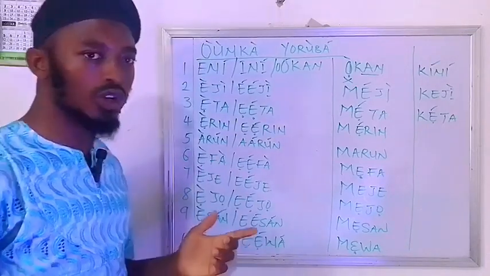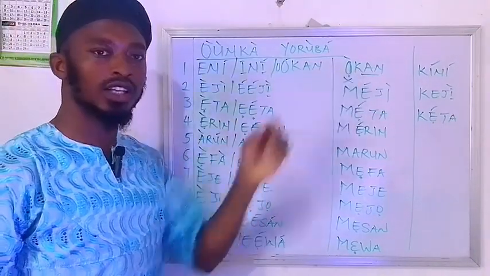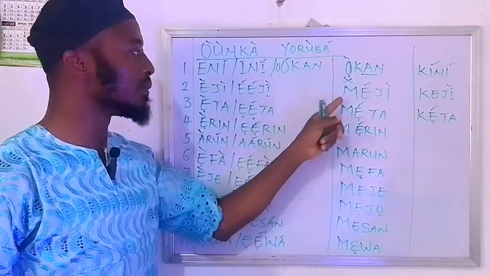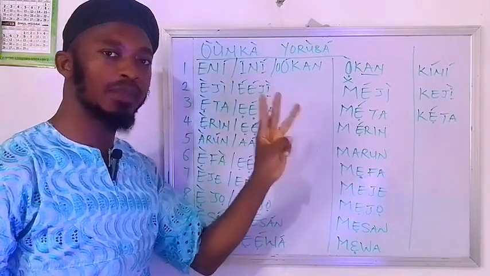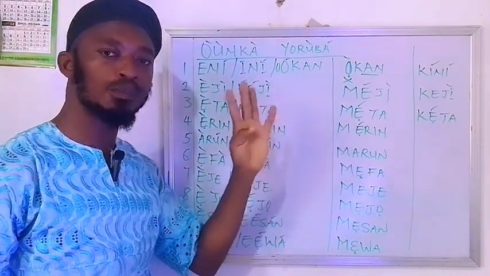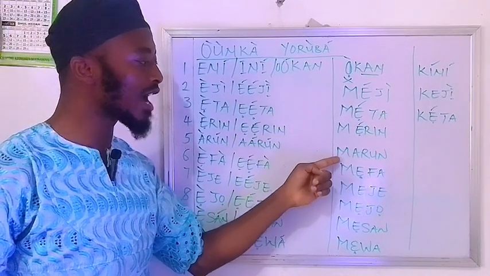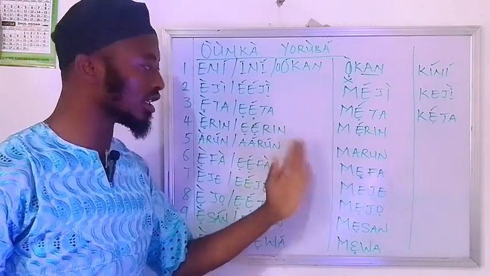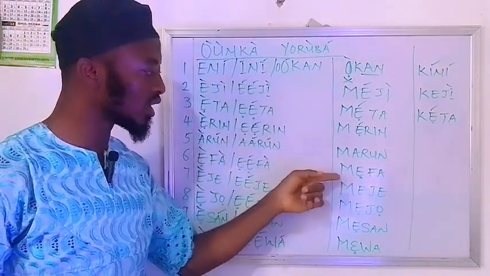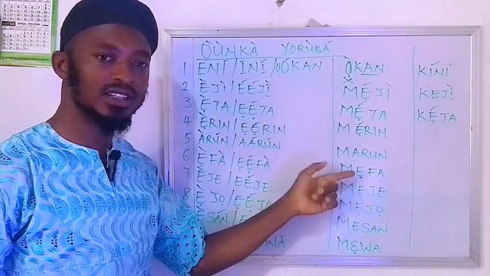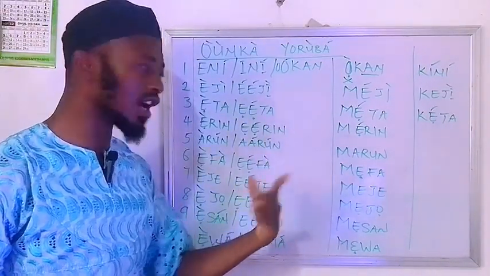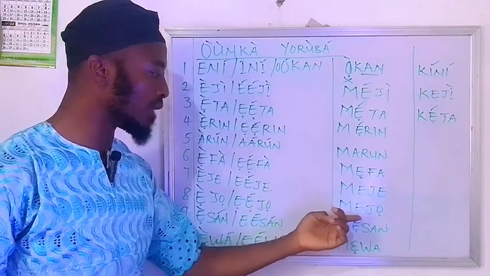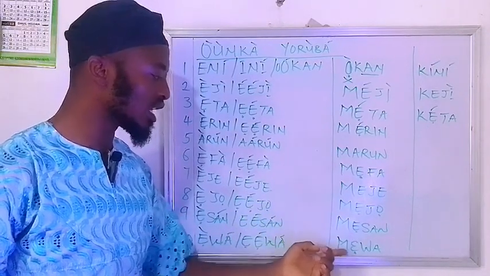So talking about numbering now, kan, that is 1 pen. Méjì, 2 things. 3 things becomes mẹ́ta. 4, mẹ́rin. 5, that is in counting, márùn-ún. 6, mẹ́fà. 7 in counting now is méje, mẹ́jọ, mẹ́sàn-án, mẹ́wàá.